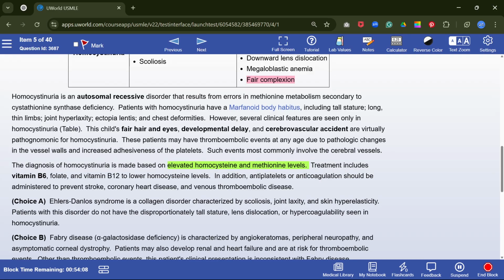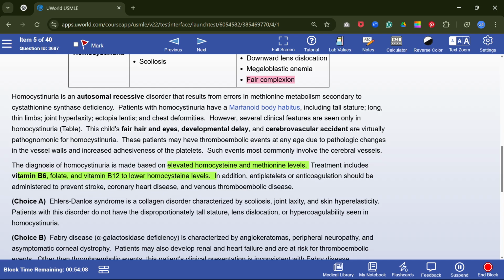Treatment is vitamin B6, folate, and vitamin B12 to lower the homocysteine level. In addition, antiplatelet therapy or anticoagulation should be administered to prevent stroke, coronary heart disease, and venous thromboembolic disease.